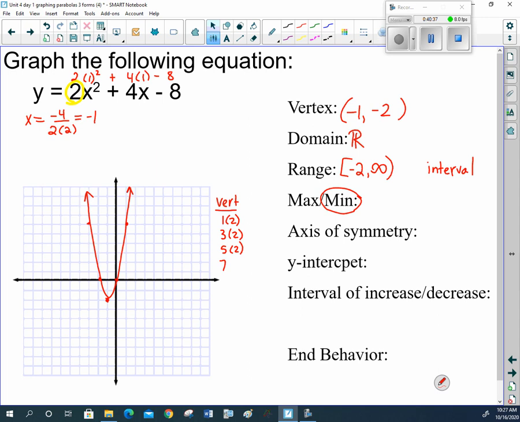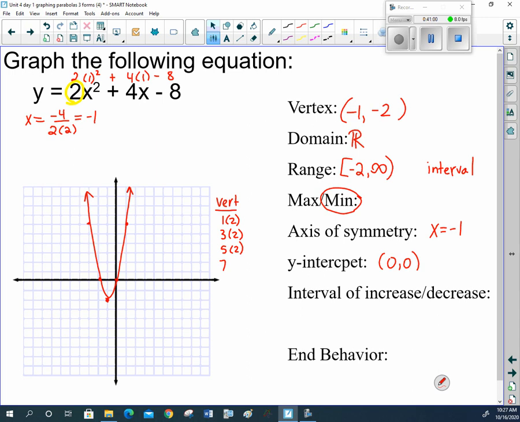Axis of symmetry, remember, is an equation. X equals -1. Right here, my y-intercept, where does it cross my y-axis? It looks like it's crossing right there at the origin, so that's going to be at 0, 0. Sorry for the typo there, I spelled y-intercept wrong. Interval of increase and decrease.